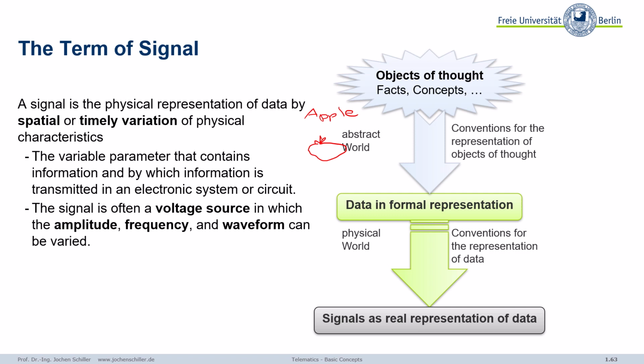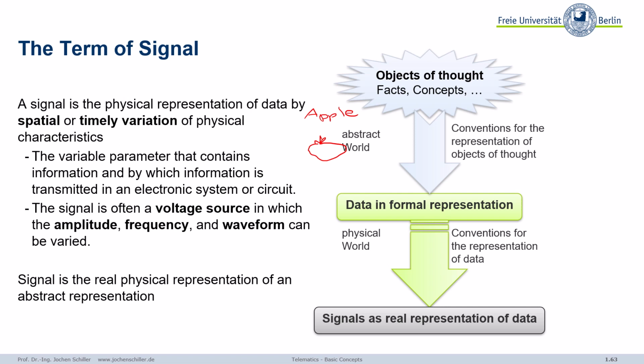The idea is that for us humans, this parameter contains the information, and then we can transfer this information via electronic systems. For us, it's okay to transfer data, whatever it then means in the end. So signals, voltages, amplitudes, waveforms: there are many different things, but in the end the signal is the real physical representation of this abstract representation of data.